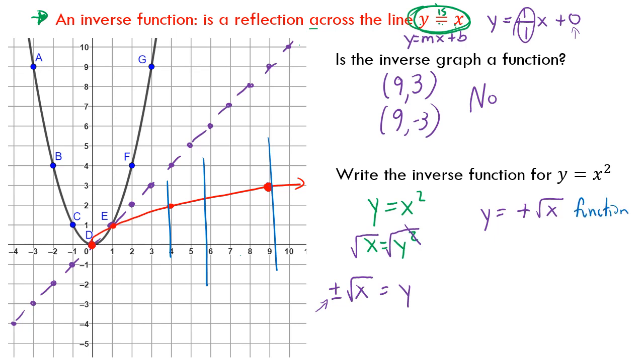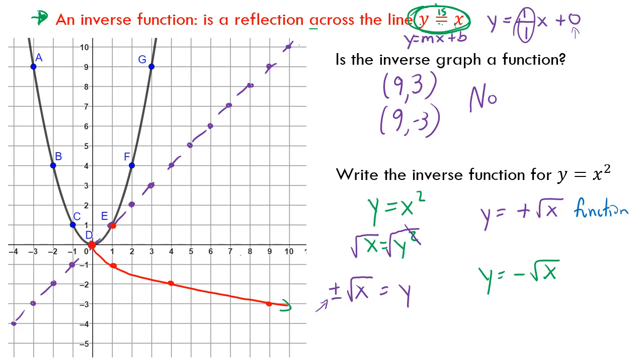Well, what if I have only a negative in front? What if I have y equals negative square root of x? That means I'm just looking at the bottom of the graph, not this top part.